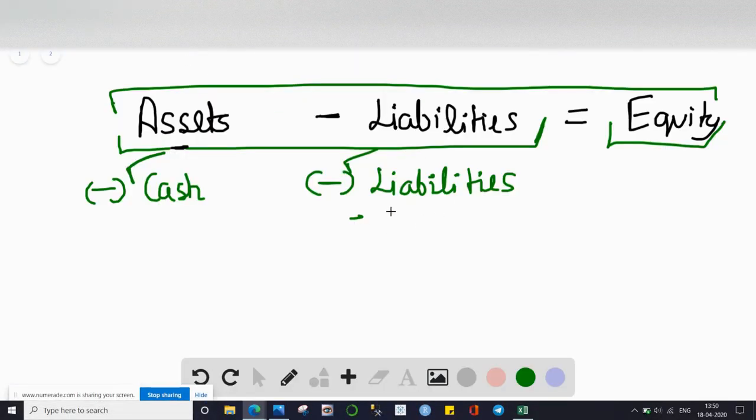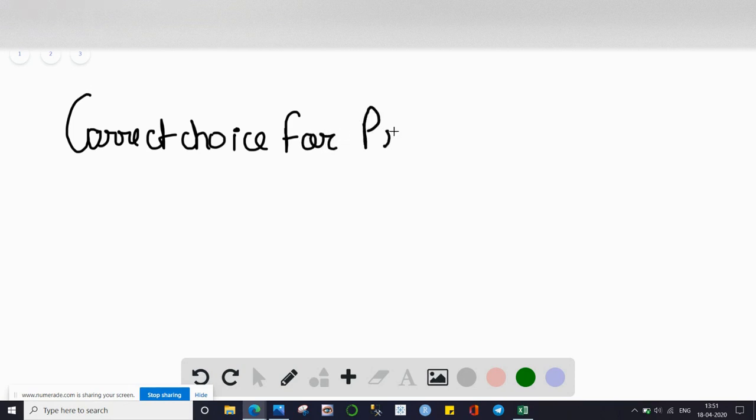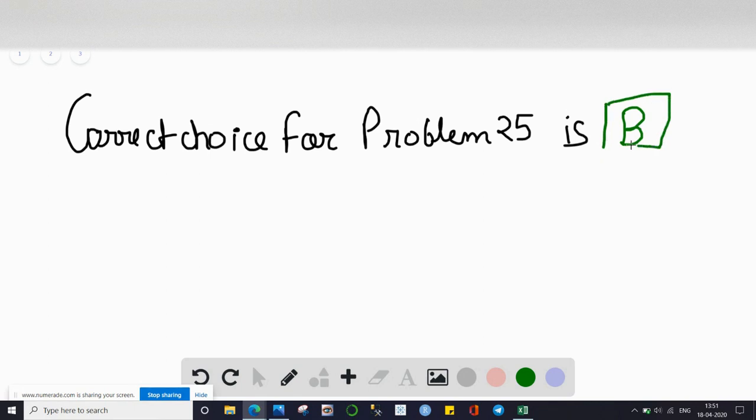Sorry for the interruption. So the option is B: both sides decrease.